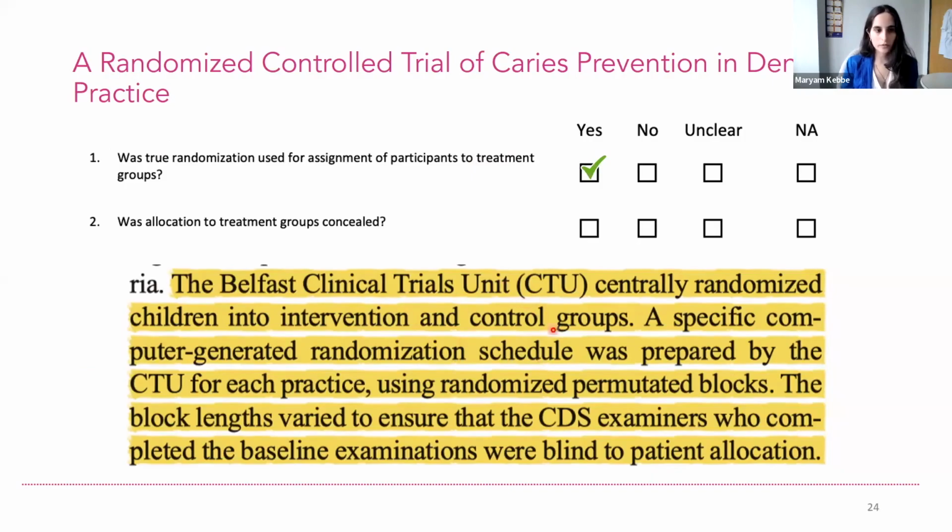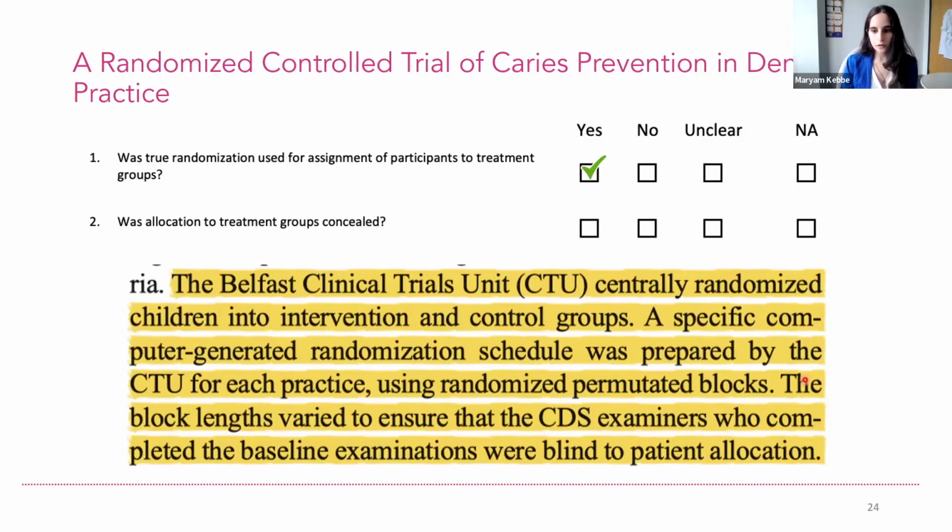There was proper randomization. Now, the second question refers to the allocation to the treatment groups and whether that was concealed. So if those allocating participants to the compared groups are aware of which group is next in the allocation process, so if they're aware of the allocation sequence, then there may be preferential allocation of these participants to either group, and then this can distort the allocation process in general.